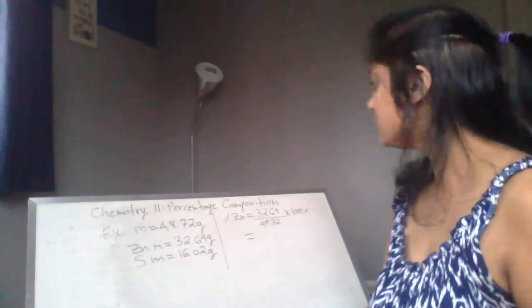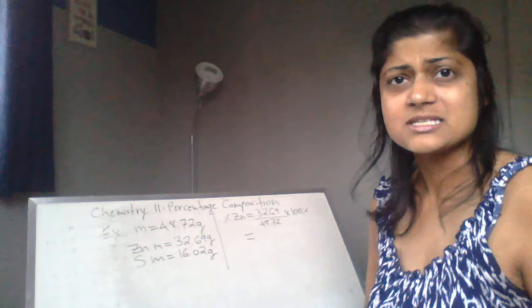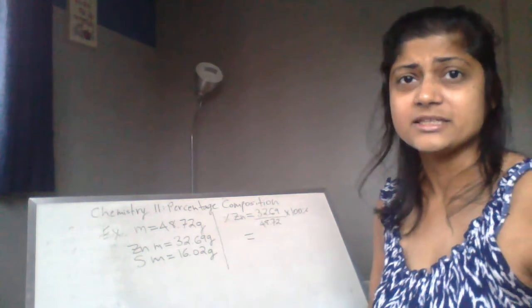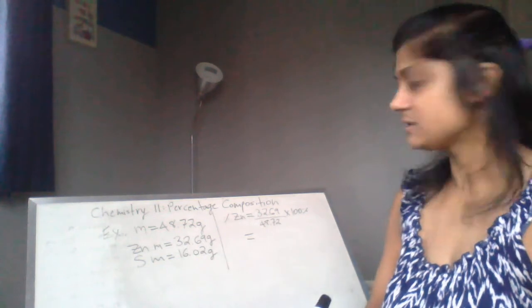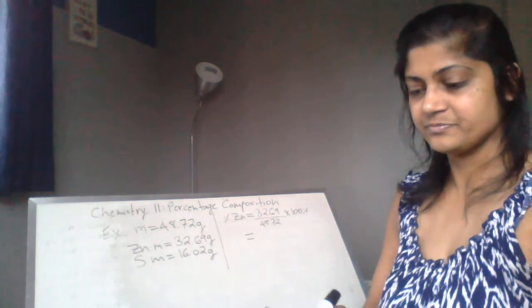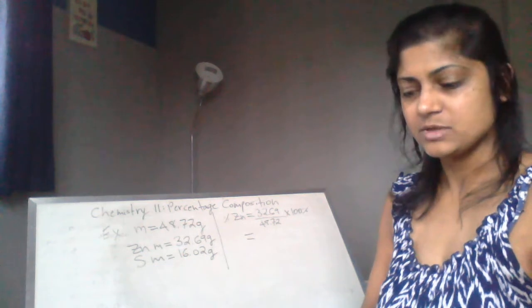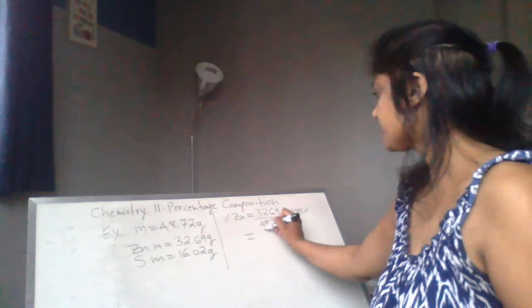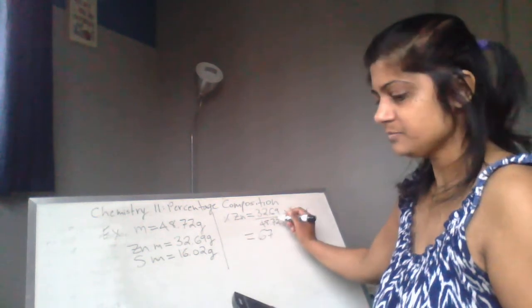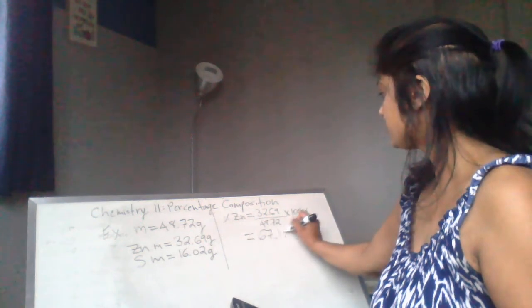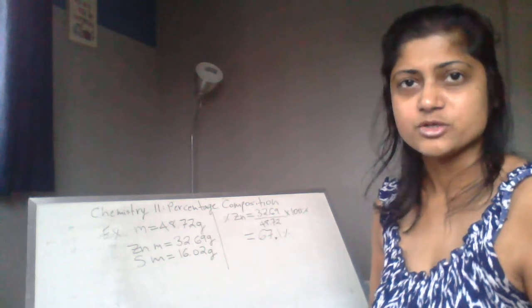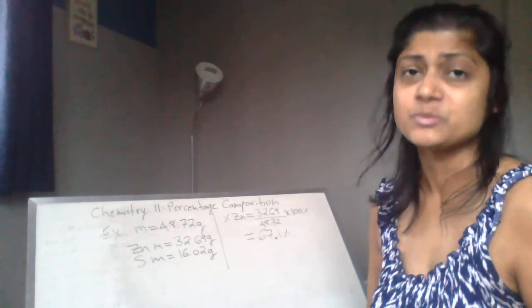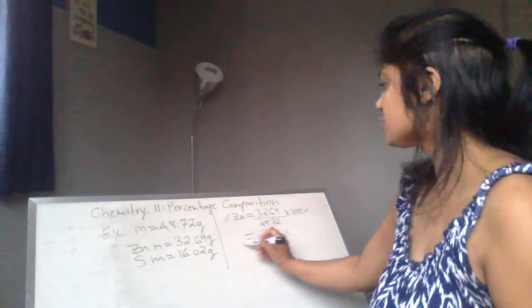And you notice I'm not really putting the units like grams here. I don't need to write that in the actual formula. So all we're doing is just dividing these two numbers together. Put the equal sign in between and then you times it by 100. So I'm going to put 67.1%. Usually for the percentage composition, I want to make sure that I'm rounding it to one decimal place.